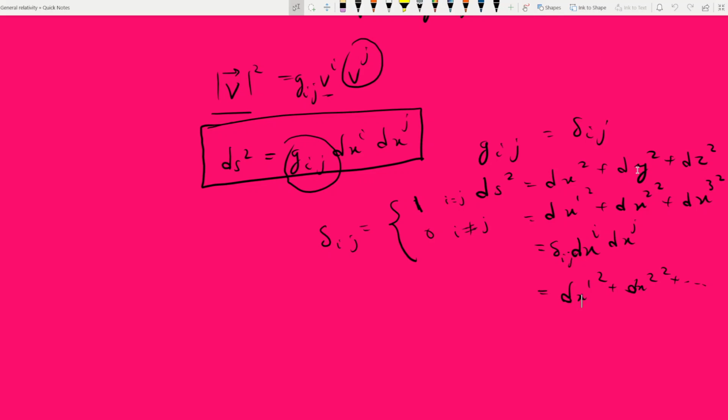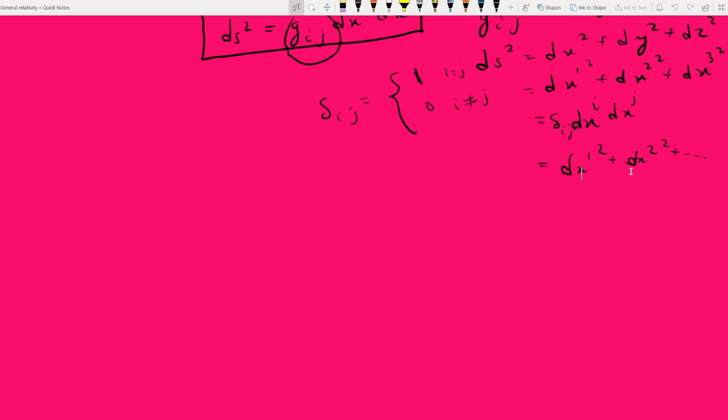Right, so now let's prove another equation. Say we were considering v sigma, a covariant component of a vector v. Now let's multiply it by g mu sigma, and then we have g mu nu, right.